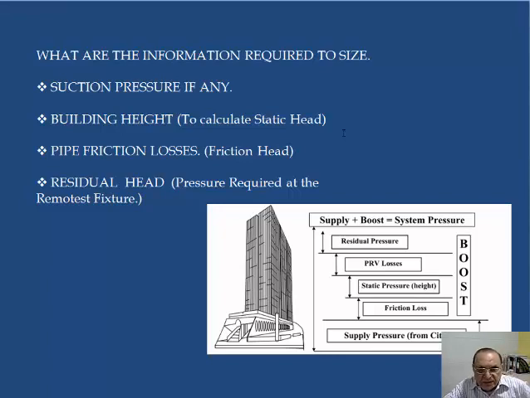Other than those, the other domestic appliances which we are having, just like washing machines, dishwashers, etc., require a higher residual pressure that must be considered while calculating the residual head.